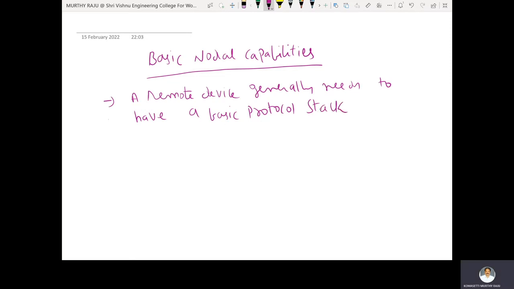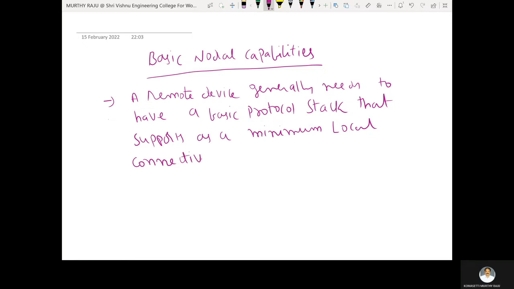A basic protocol stack that supports, as a minimum, local connectivity and networking connectivity.